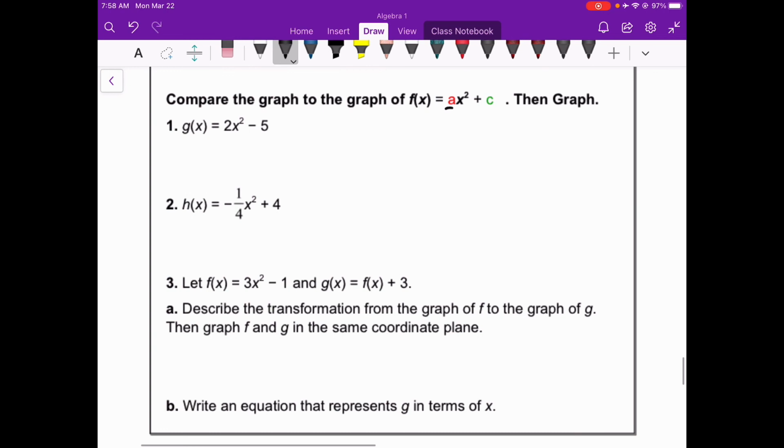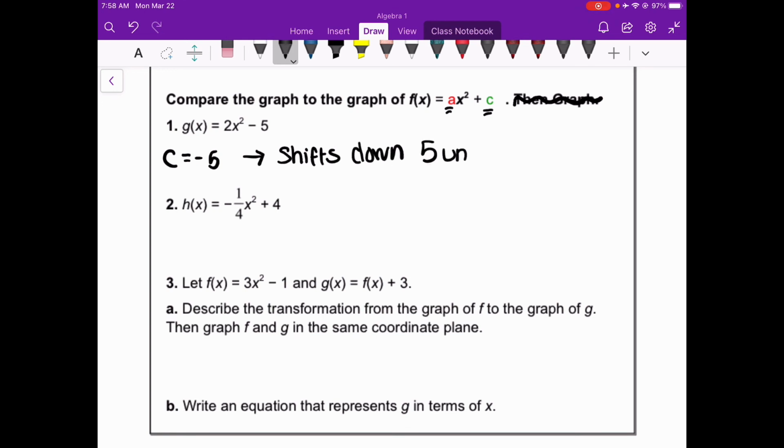Compare the graph. Now we have an A value to look at and a C value. We want to write every single translation. We're going to, again, skip the graph here. We'll focus more on that tomorrow. Here, our C value is negative 5. What that means is that the graph shifts down 5. That's it.